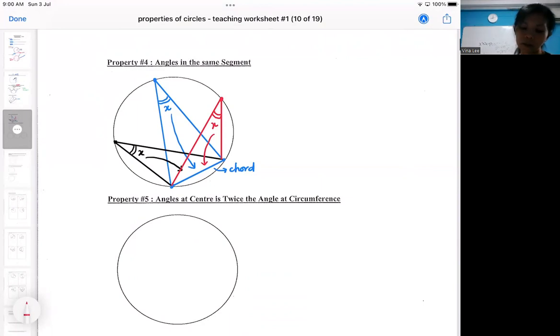But for some questions, the chord is not presented to you. They will just show you a question like this.